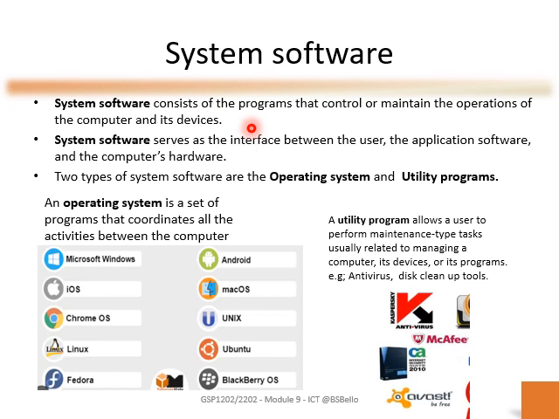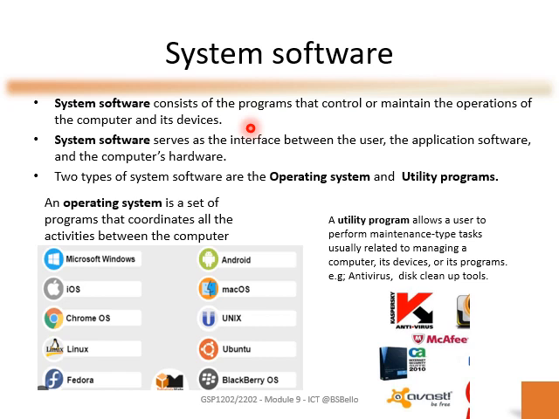Let's take an example of your mobile phone. Your mobile phone could have Android. Android is the operating system, but inside your mobile phone you have other applications such as Facebook and TikTok. The same applies to a computer.